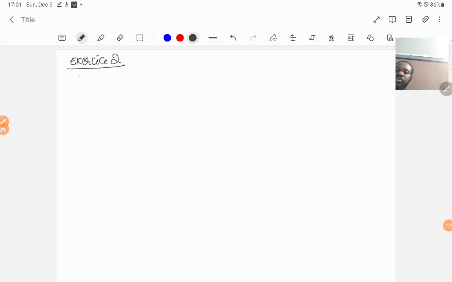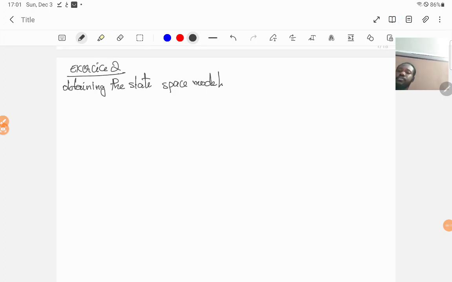Exercise number 2 is about obtaining the state space model. So let's start. I have to draw this in here.